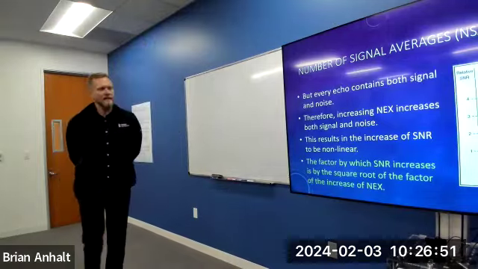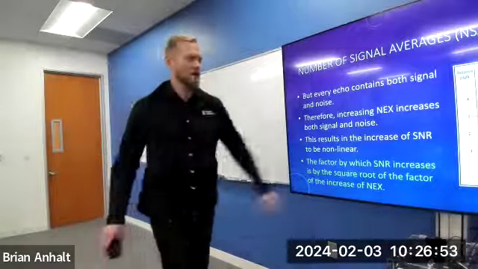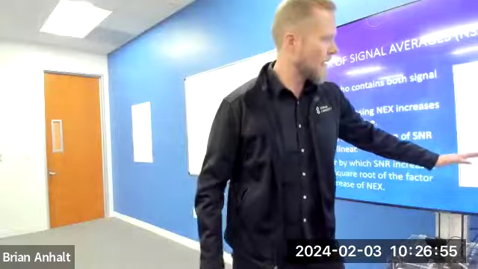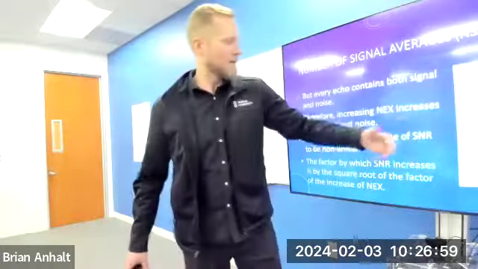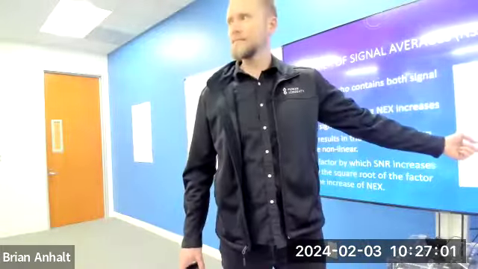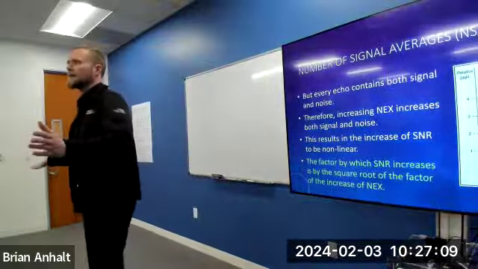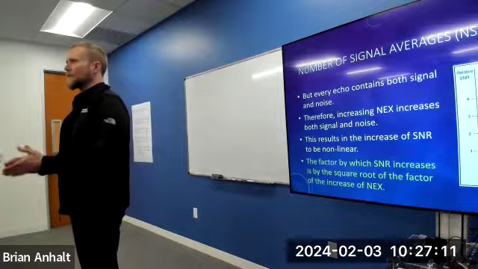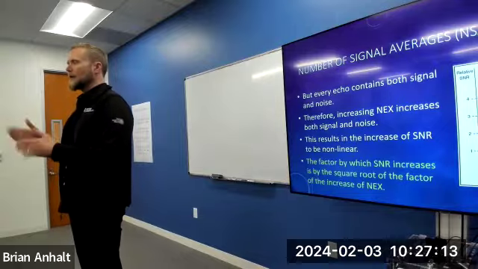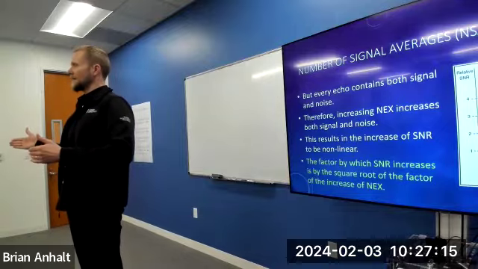Since every echo contains both signal and noise, we do not increase our signal linearly when we increase our NEX. Right? So if, say, my SNR is 100, putting a number out there, it's 100%, whatever that means. If I take my NEX and I go from 1 to 2, I don't have 200 SNR now, right?